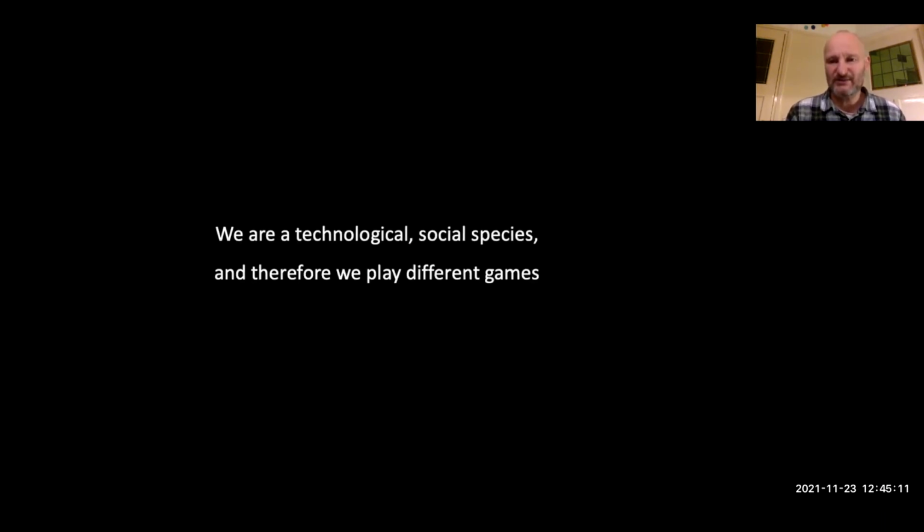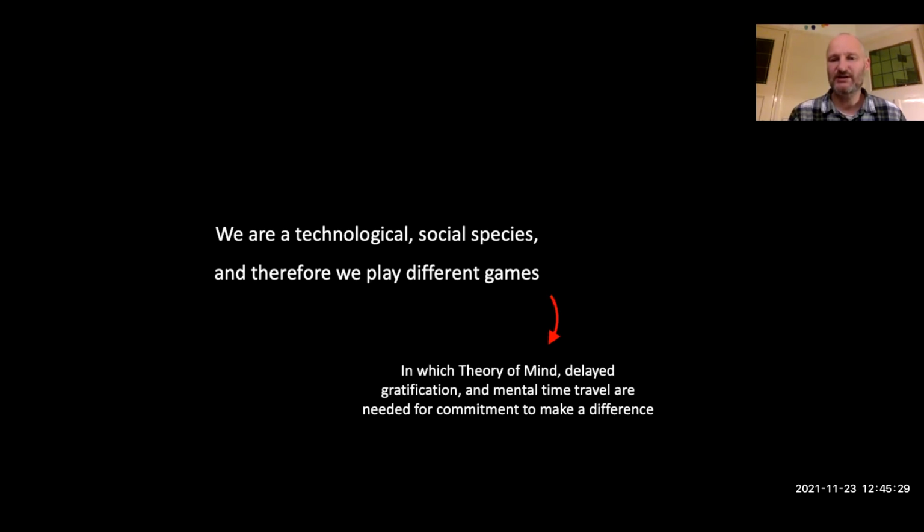Our explanation is that it's not the case that we are playing the same games as other species, and that we just have different population structures or different repetition rates, but we play different games because of us being a technological and social species. And we have theory of mind. You need theory of mind to play those games at all. I mean, it helps to have theory of mind, but you also need theory of mind.